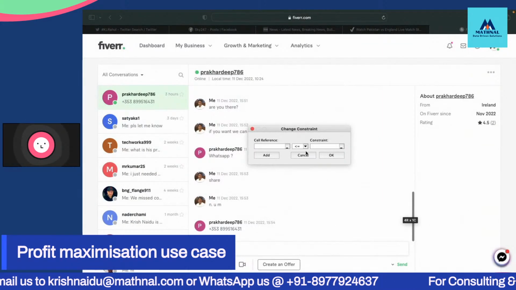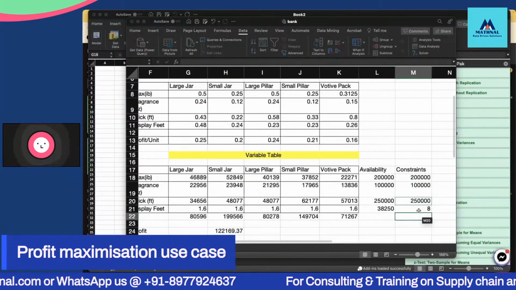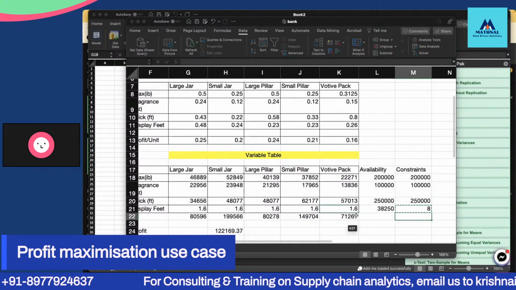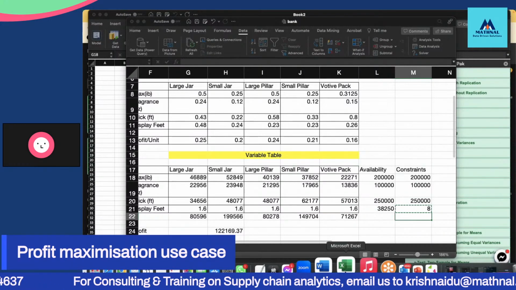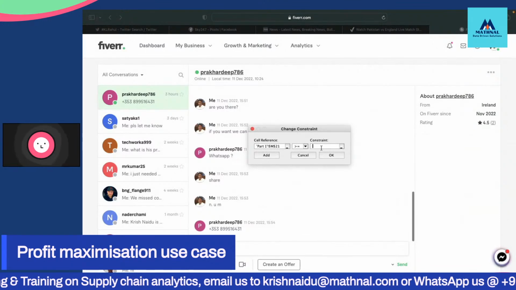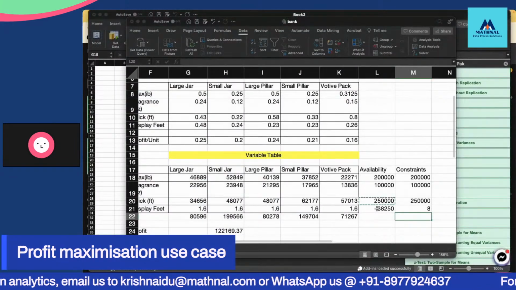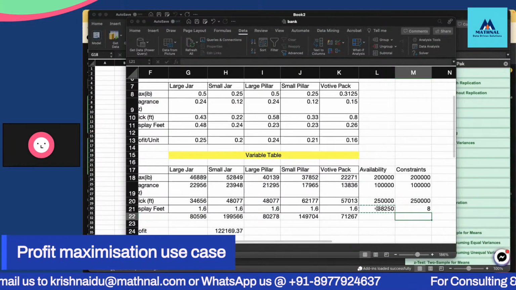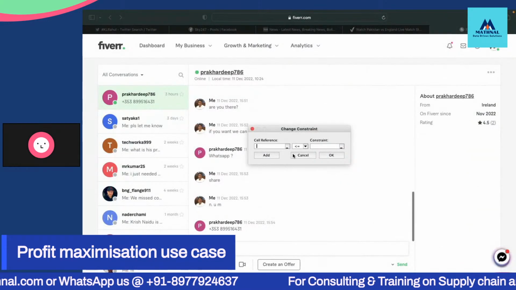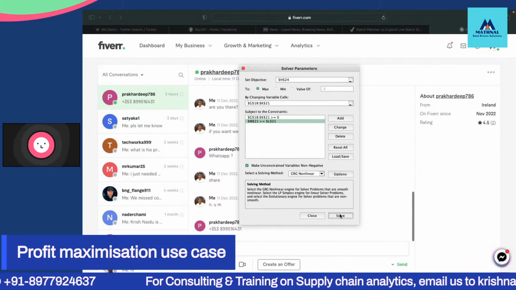And the last one is we're going to define this has to be more than or equal to this. Okay, let's see whether God is going to help us or not.